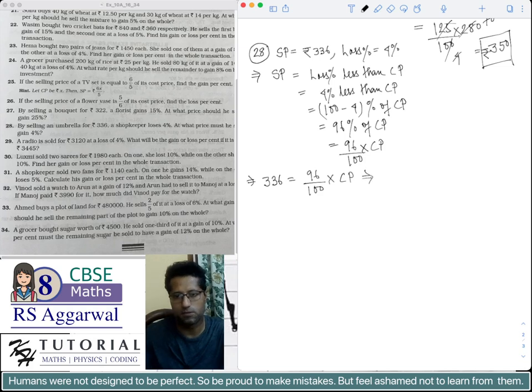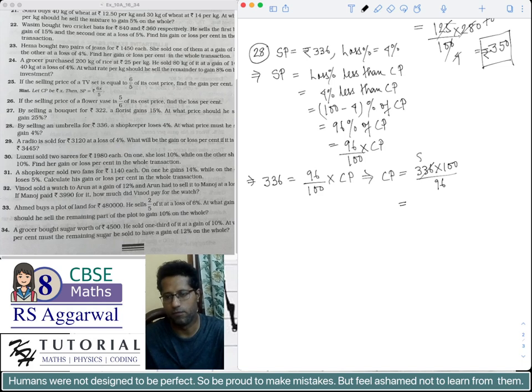So this implies CP is equal to 336 multiplied by 100 divided by 96. This is equal to, 4 divides 336 with 84. 4 divides 96 with 24.